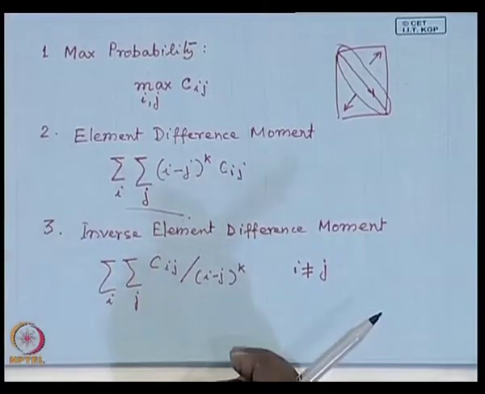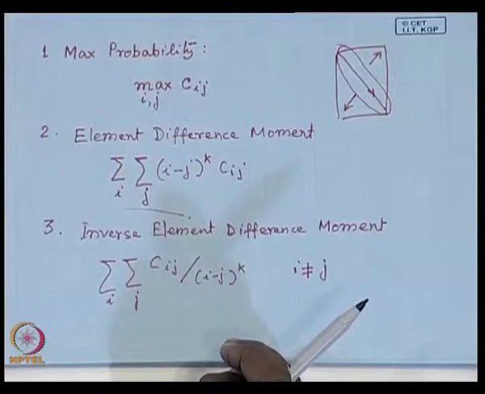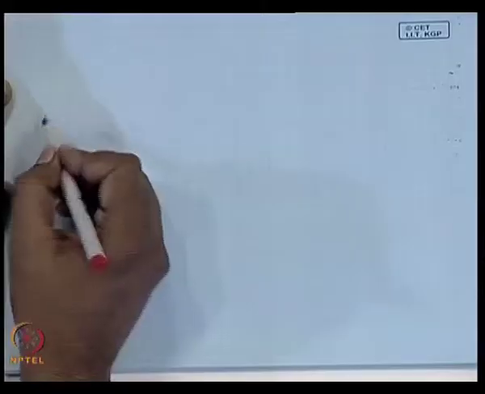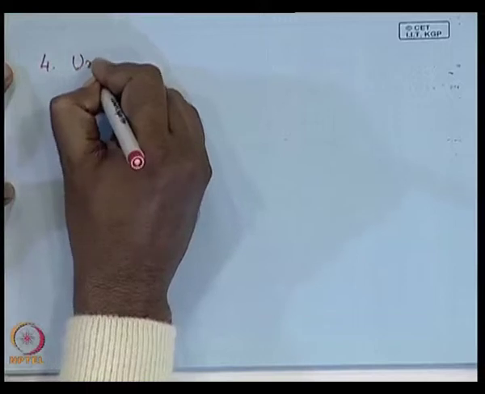Okay. So, this gives you an indication of what the co-occurrence matrix of a given texture looks like. And if I have samples of the same texture, the co-occurrence matrices will also be similar. Similarly, another feature that can be obtained from the co-occurrence matrix is called uniformity.